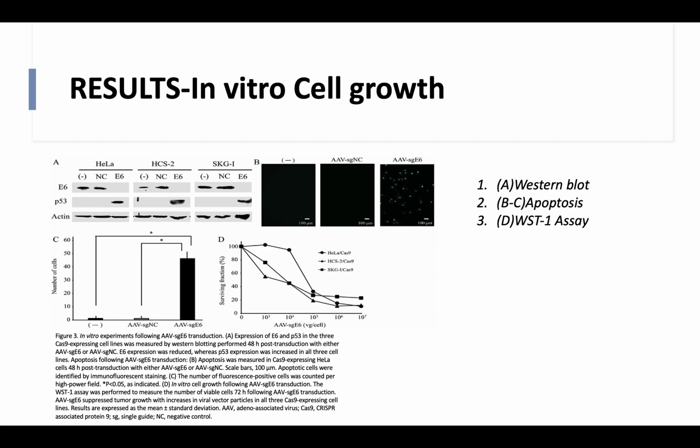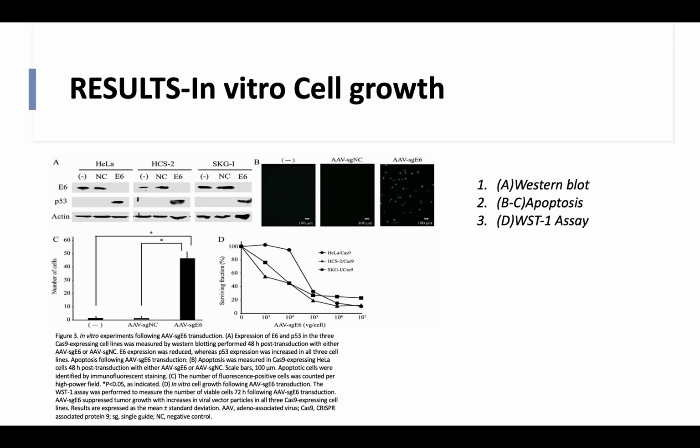Results in vitro cell growth. In figure A, the expression of E6 was examined using Western blotting, and decreased expression of E6 was found in all 3 cervical cancer cell lines. E6 expression was detected in untransduced cells or cells transduced with AAV SGNC. These cells did not express P53.